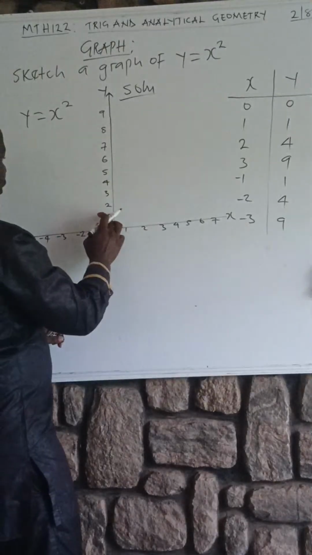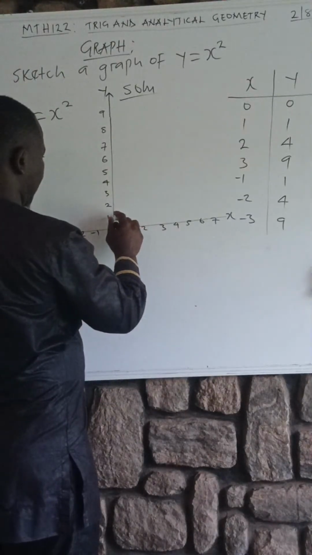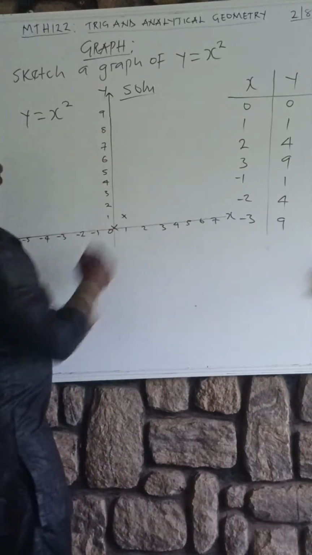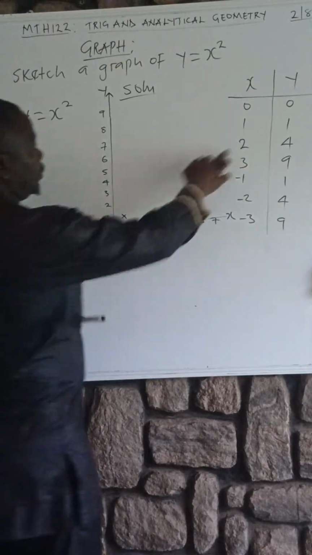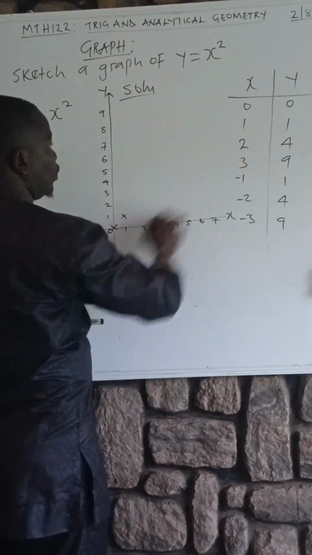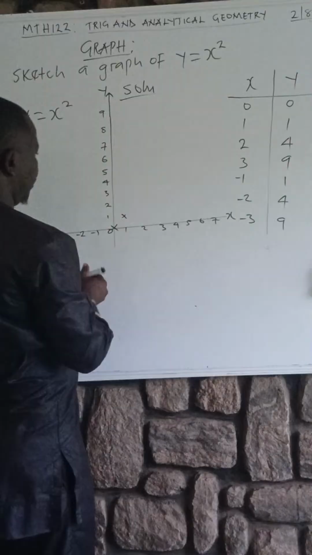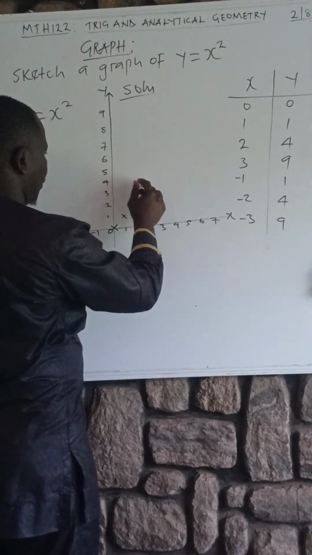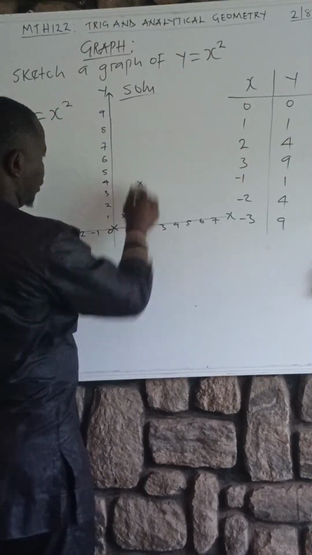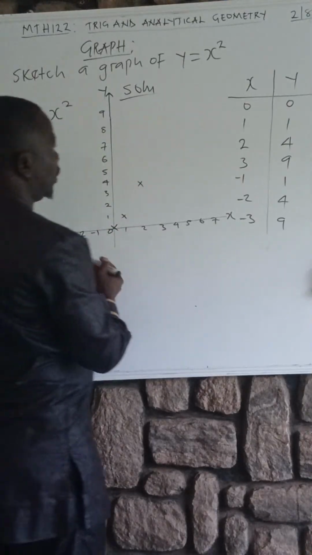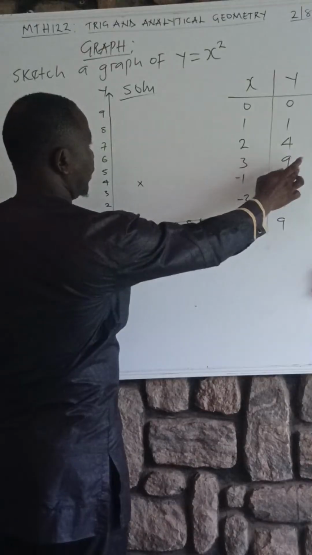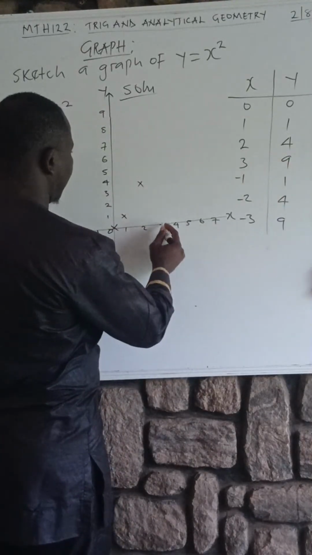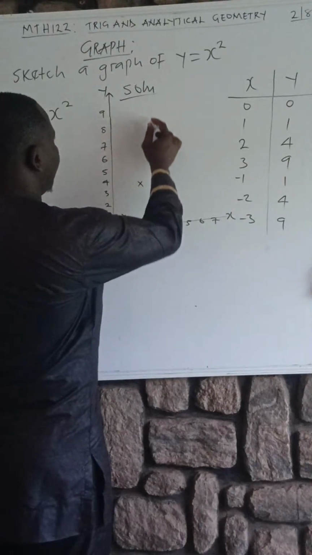Look at it, here is their point of intersection. Then x is 2, y is 4. Look at it here. This is 2 and this is 4. Can you see now? Then x is 3, y is what? 9, right? So x is 3, then y is 9.